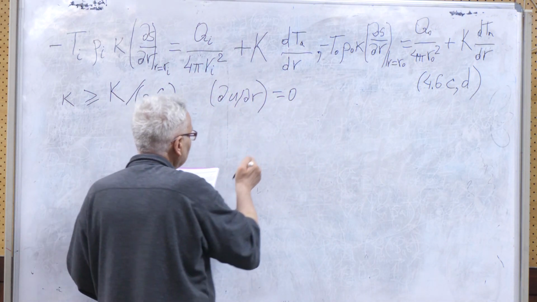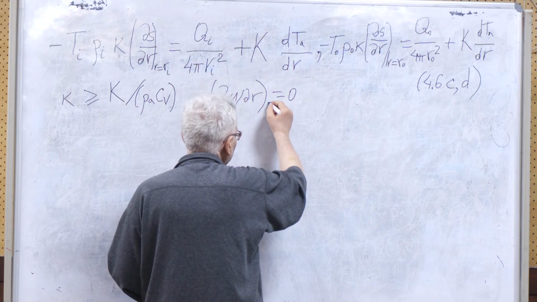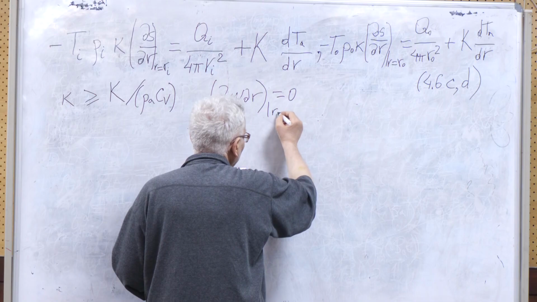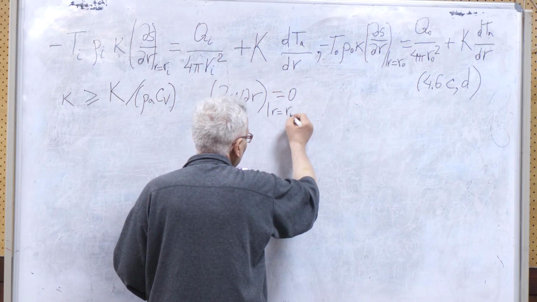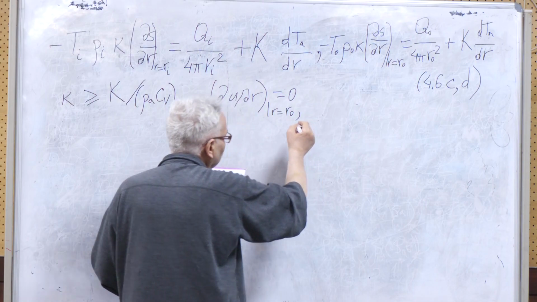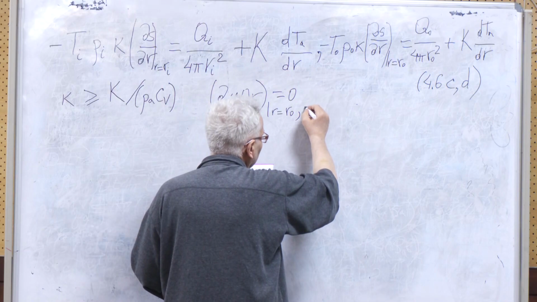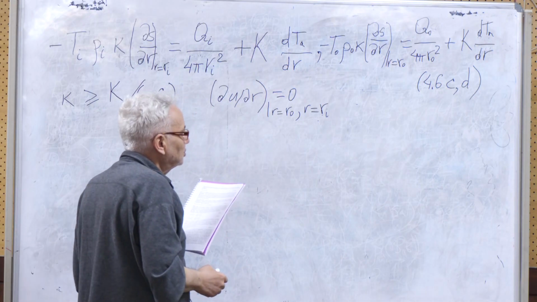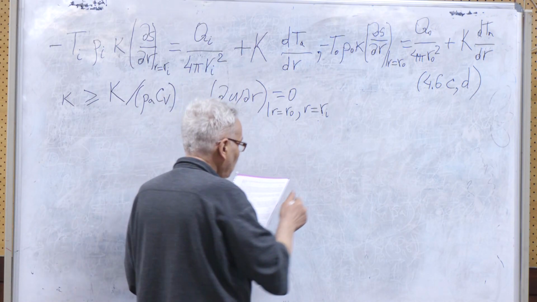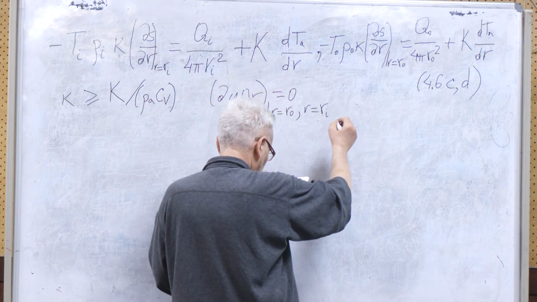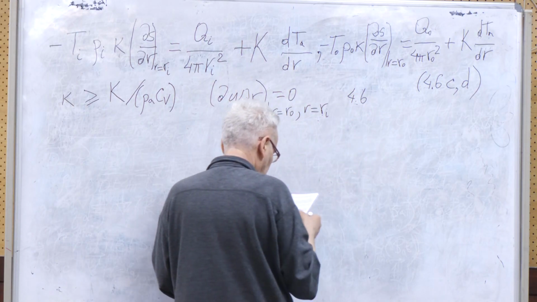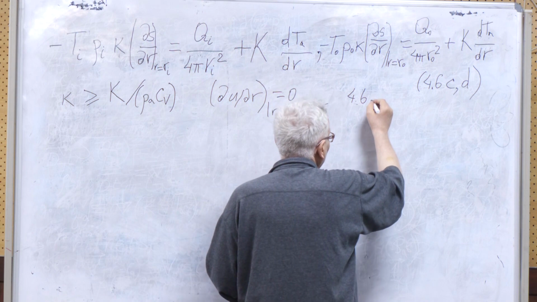But here we could state that it's satisfied on both boundaries. So we state it at r equal to r_o, and at r equal to r_i as well. This is a rather simple condition with the gravitational potential, and we numbered it 4.6 E and F.